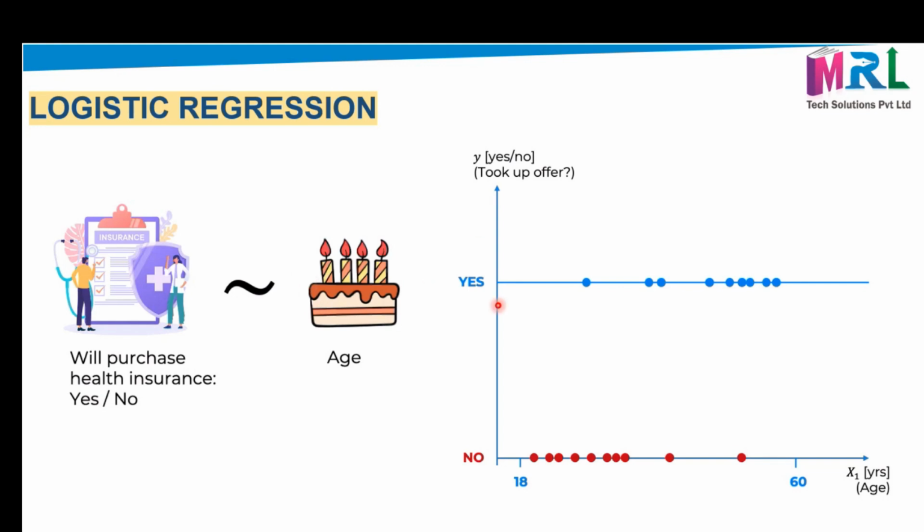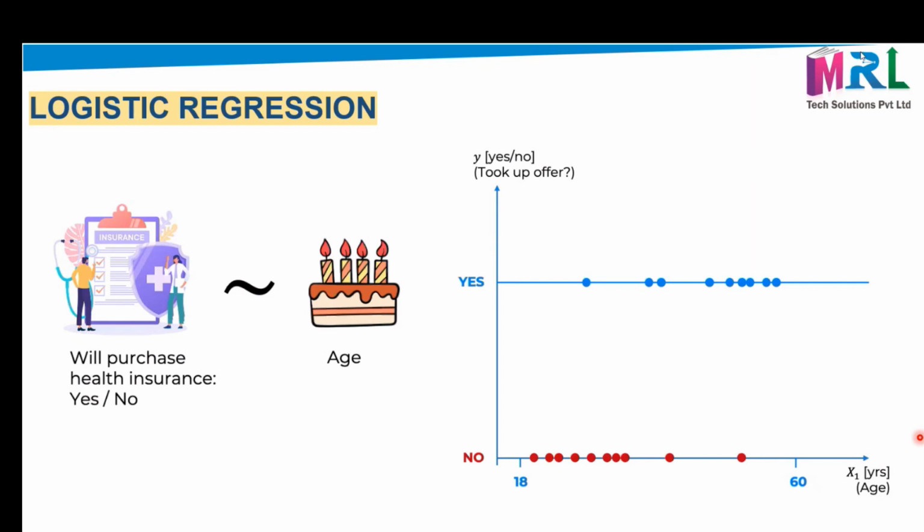From the graph, you can see this is the age and this is the output, that is the dependent variable or target. At age 18, a large number of people are not purchasing health insurance, shown in the red dots. Some people are exceptions; in their 50s also, they are not purchasing. They may not have the awareness of that.